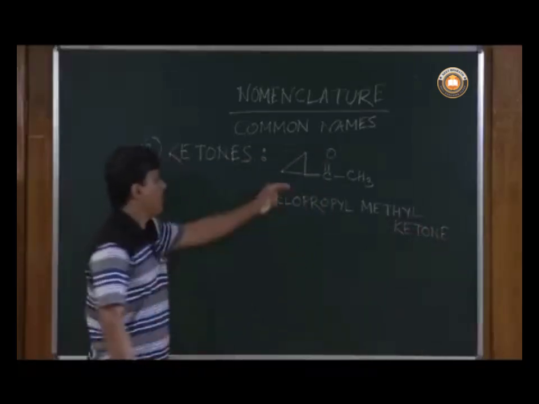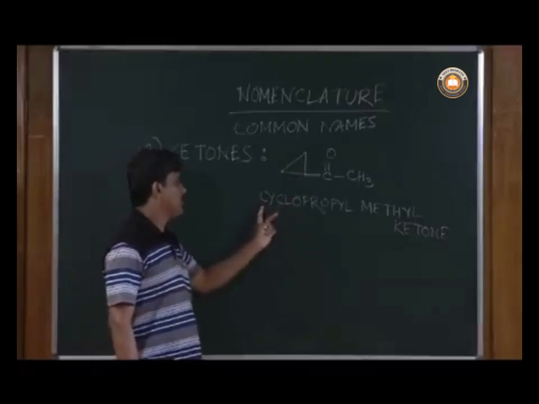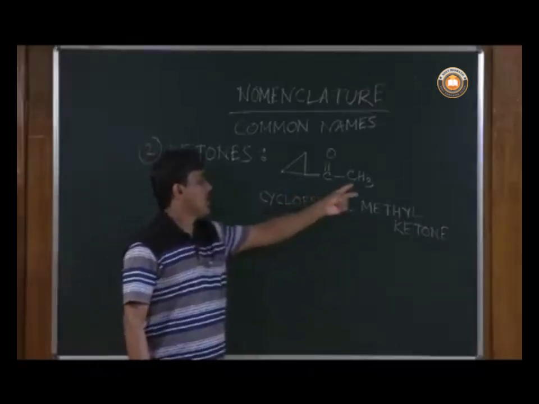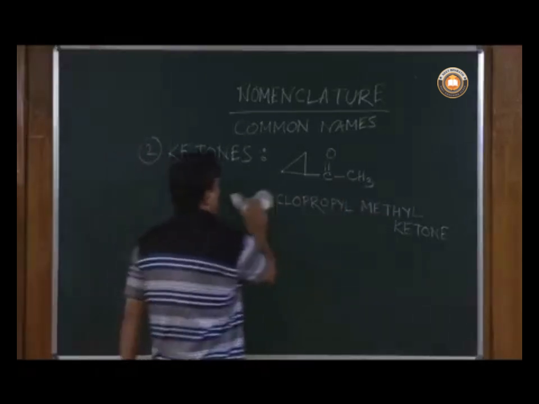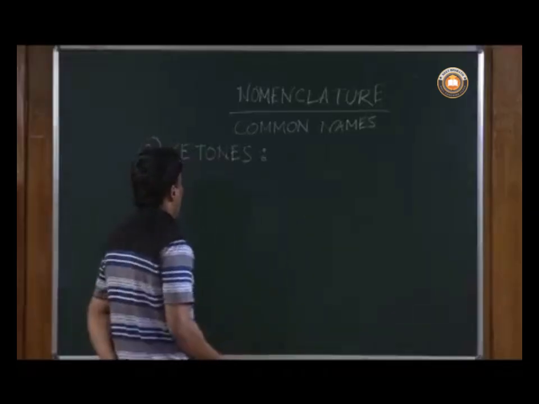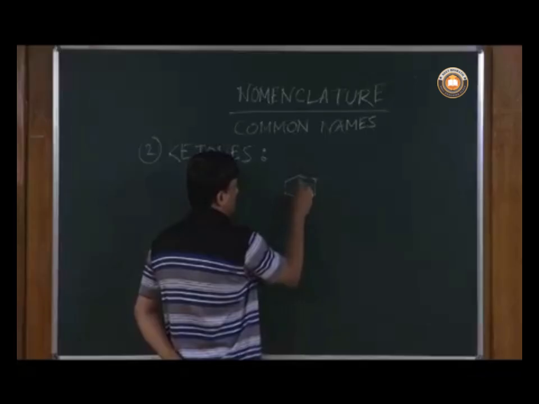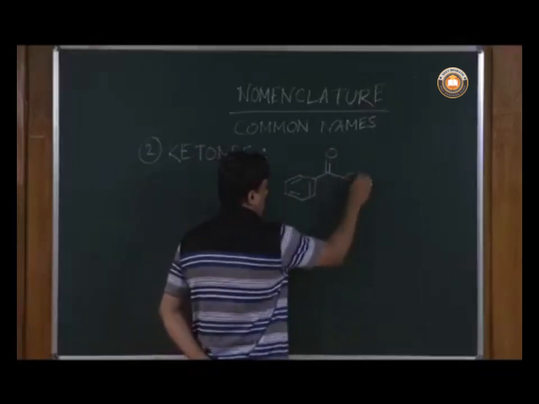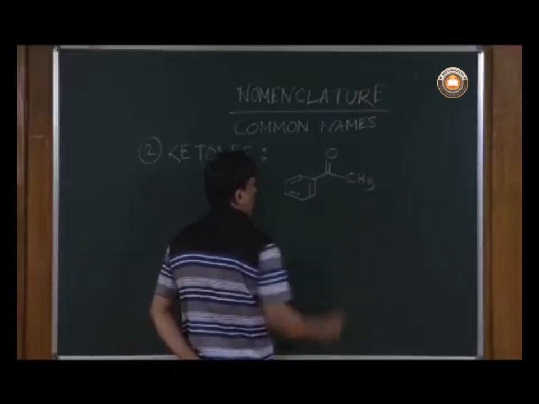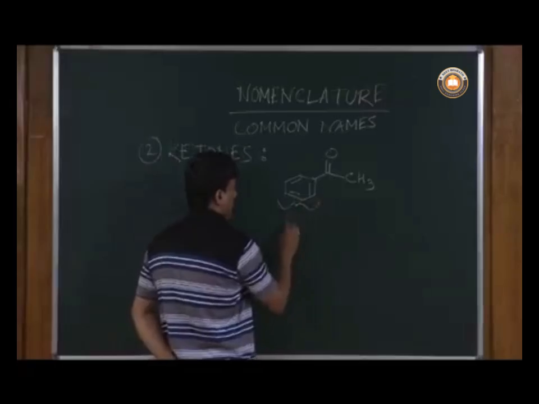This is the cyclopropyl group. So, cyclopropyl first comes because of C and then methyl comes. So, cyclopropyl methyl ketone. For aromatic ketones like this one, this term is called generally phenone.